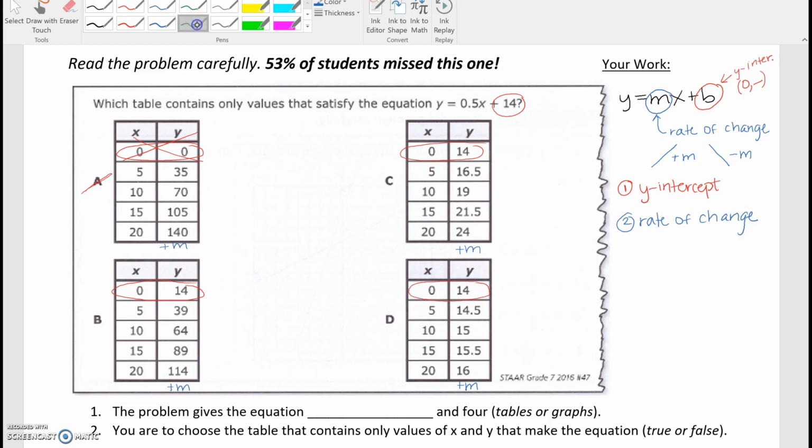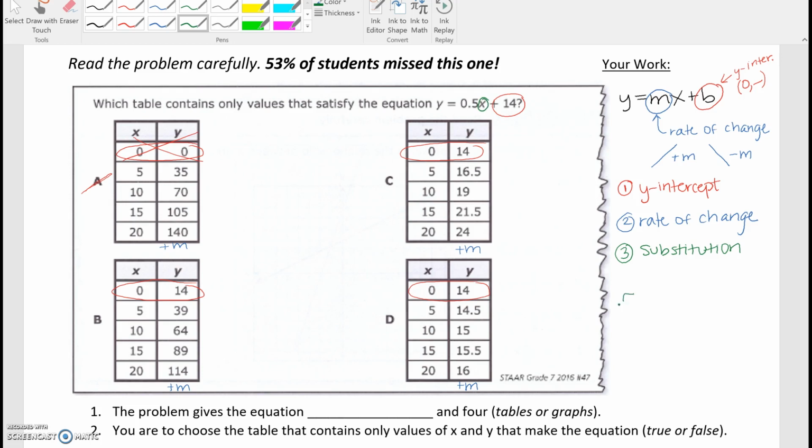And then step 3 is substitution. So substitution is where you choose an x value and you place it in for x. So I'm going to look, and it looks like 10. They all have different numbers for 10. So I'm going to put 10 in here instead of x.